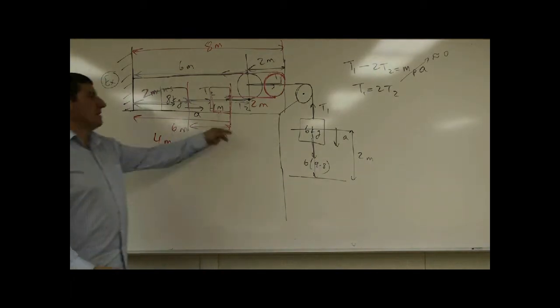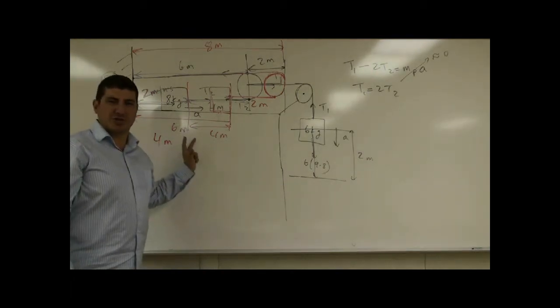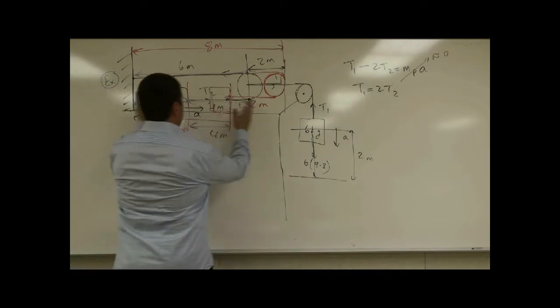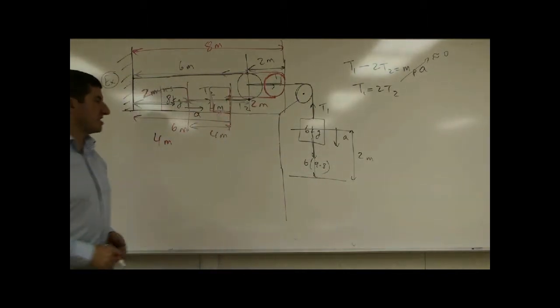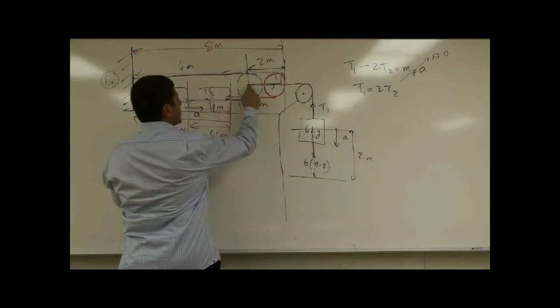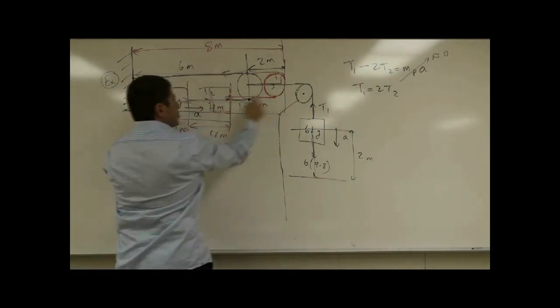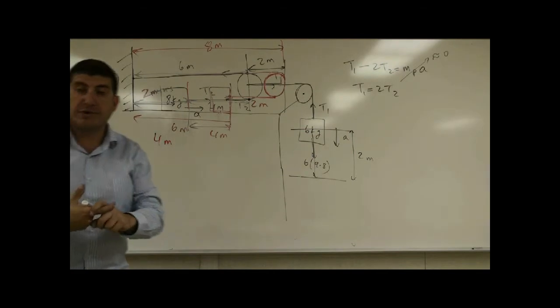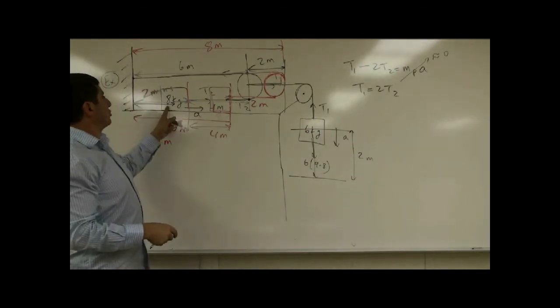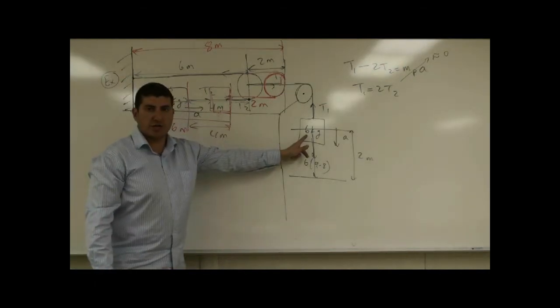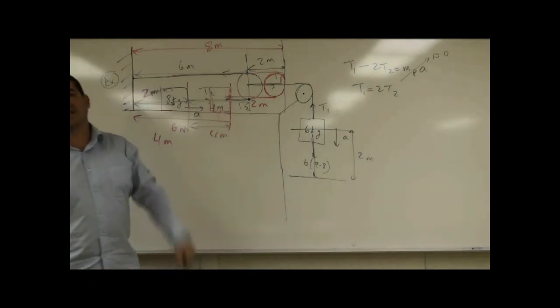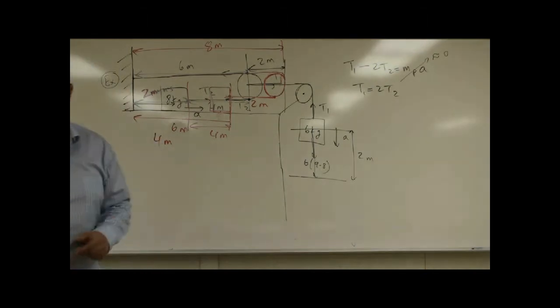Okay, well, my picture is not very much to scale. It should be longer than this. So the conclusion of this is that no matter how far this moves, since the string length is constrained to be constant, the 8 kilogram block moves twice the distance that the 6 kilogram block moves, therefore it has twice the acceleration. And that is our conclusion.